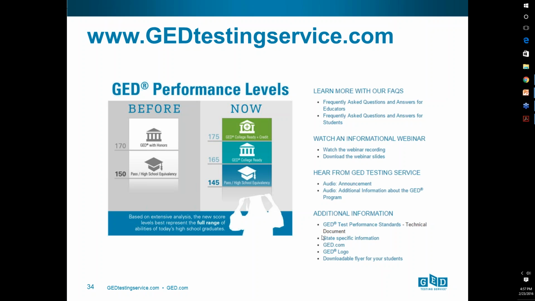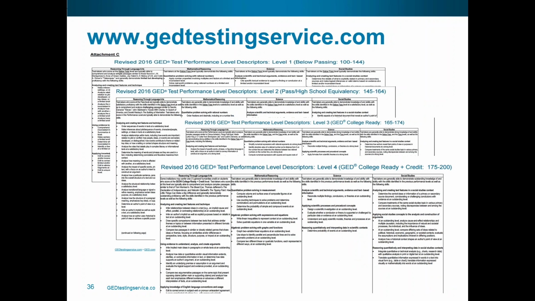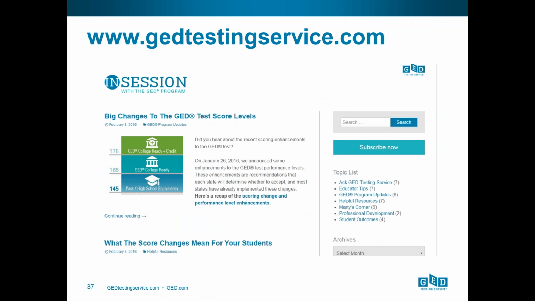So, having said that, as we go forward, there will be many things that will be discussed. We've talked a little bit about the documents. We've talked about the performance level descriptors. And we're going to catch up with things.